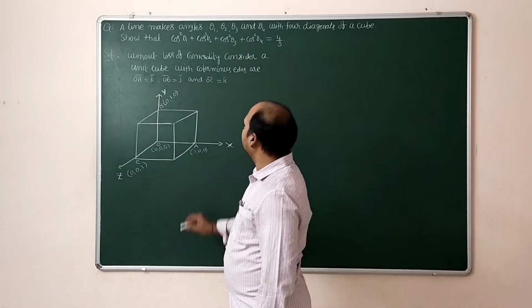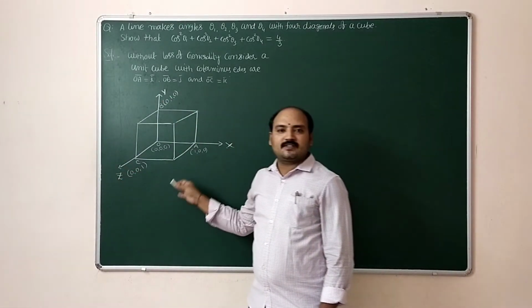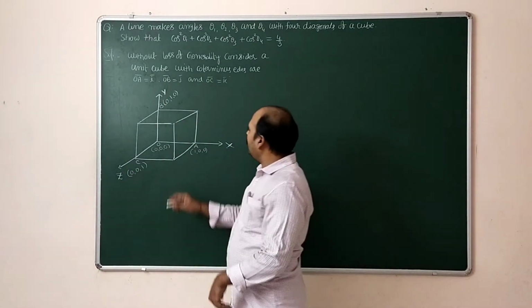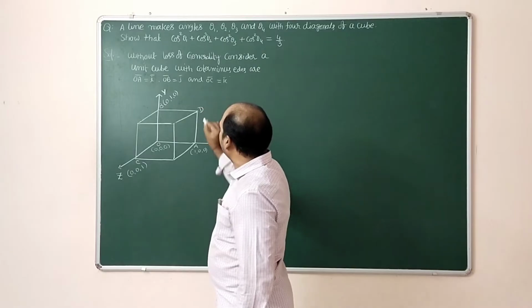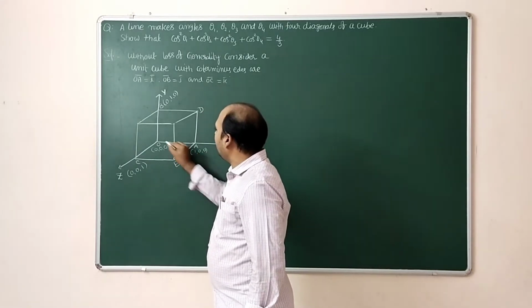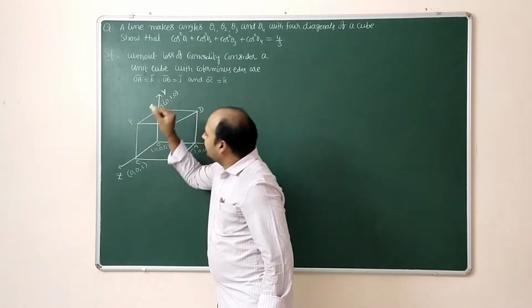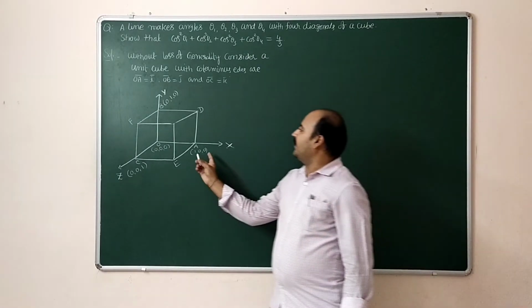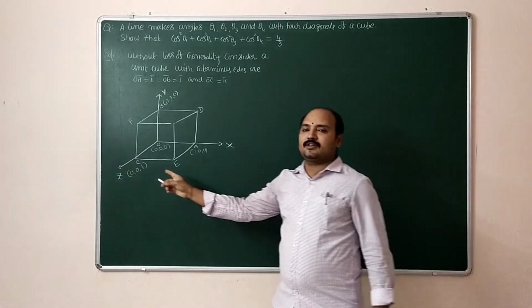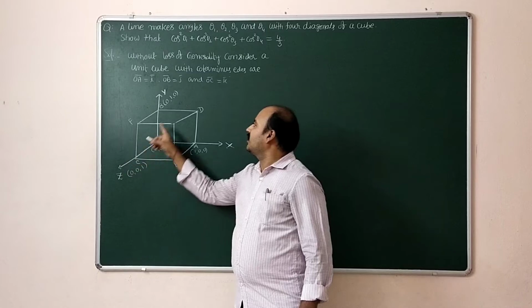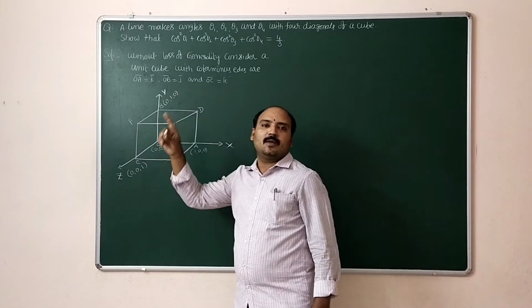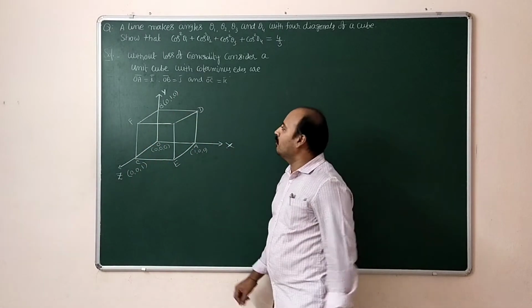After that, A, B, C lie on the x-axis, y-axis, z-axis. Now I am considering the point D here, E here and F here: A, B, C in anti-clockwise direction, D, E, F in clockwise direction. This is the logic you have to remember.